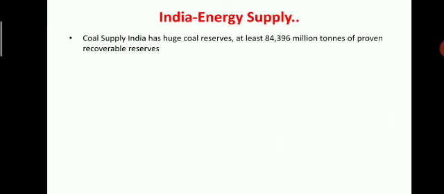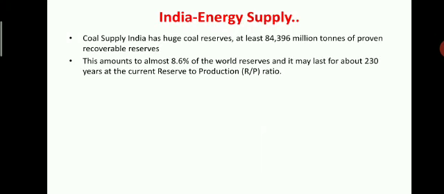India energy supply, let us see this point. Coal supply: India has huge coal reserves, at least 84,396 million tons of proven recoverable reserves. This amounts to almost 8.6% of the world reserves, and it may last for about 230 years at the current reserve to production ratio, RP ratio.